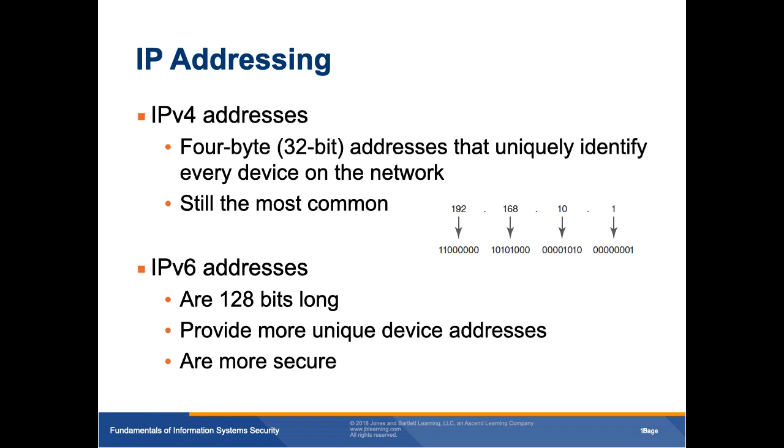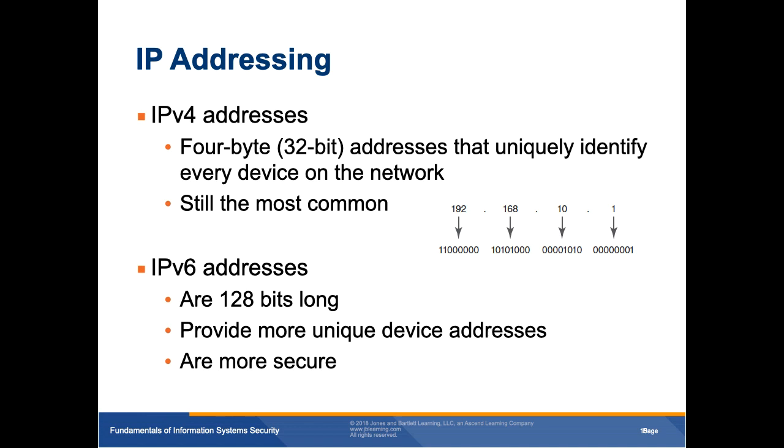IP addressing. We have two versions. IP version 4 addresses you'll find mostly as internal addresses. We pretty much ran out of IPv4 addresses, but a lot of organizations still utilize them, especially internally, just because they're much easier for us to deal with.